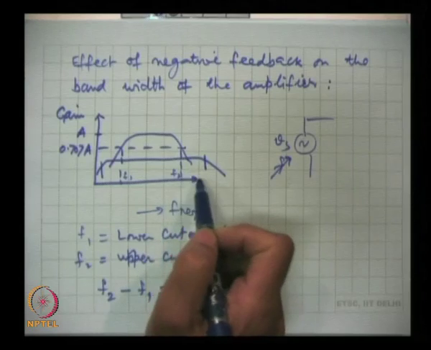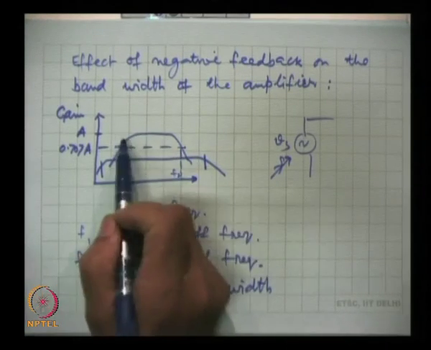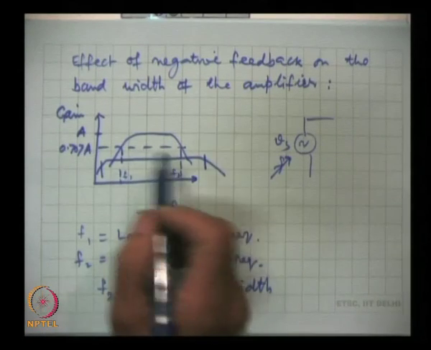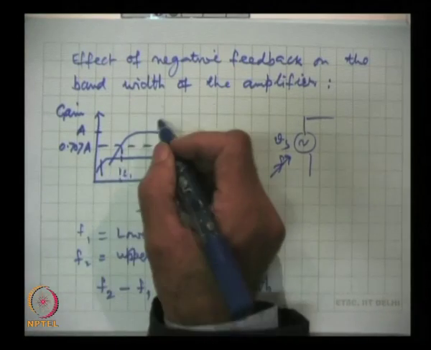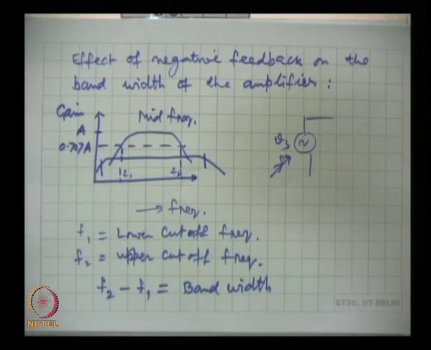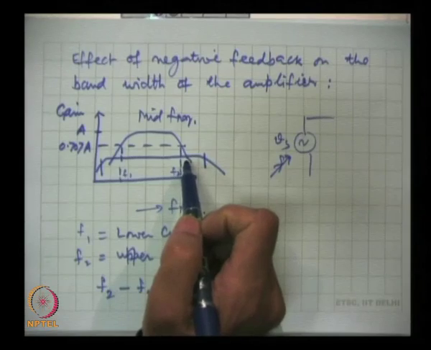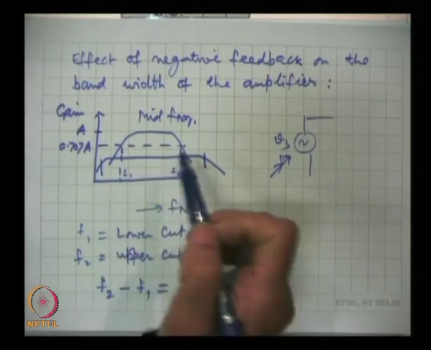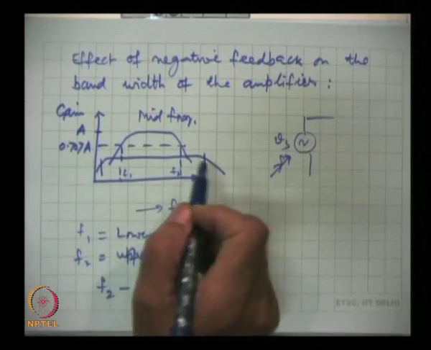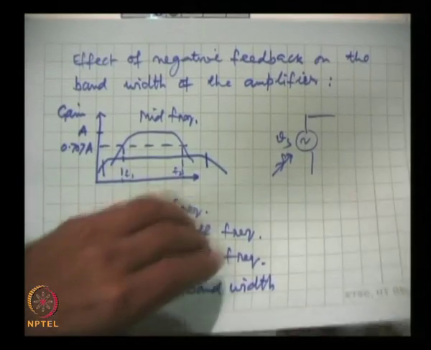Here also when we go on increasing the frequency, there is a region where the gain is almost constant, and this is known as a mid frequency region, and then again it falls, because we are going to study this thing soon in details. So, at the moment I just talk about the bandwidth.